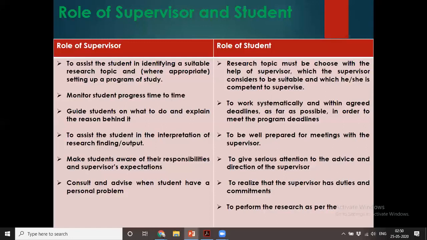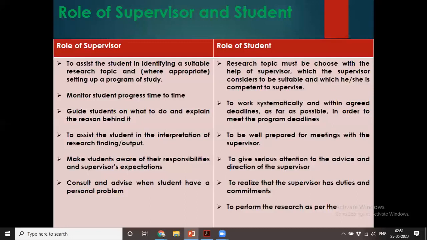Generally, if someone has given you some work and you complete it within the time you have got, definitely your boss, you can consider your supervisor, gets happy with you. It generally happens in the family also. That's why, whatever suggestion he is giving you, the student should be attentive and give much more focus to the advice given by the supervisor.